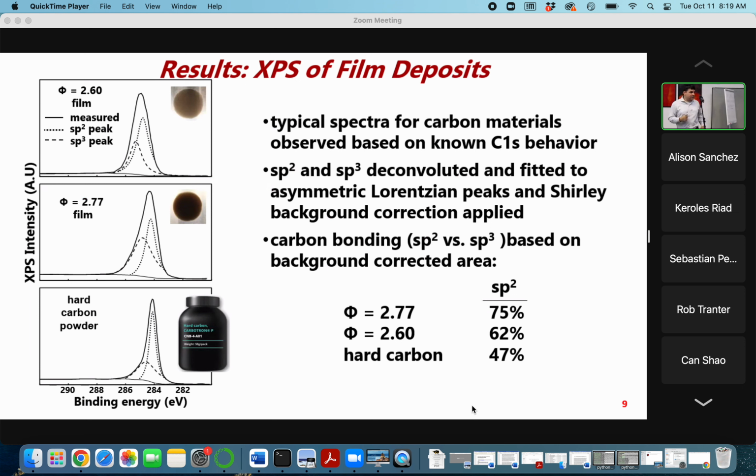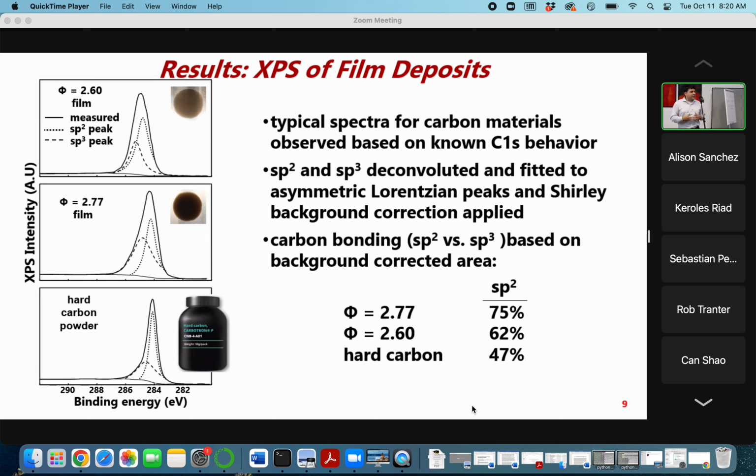This XPS method has been commonly used for carbon materials to determine the contributions of the sp2 bonding versus sp3 bonding. And here is our analysis for these two films here, and then also the hard carbon again.